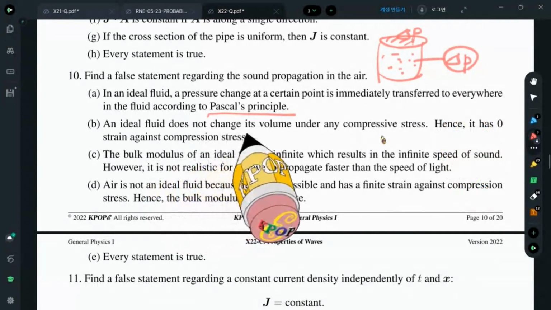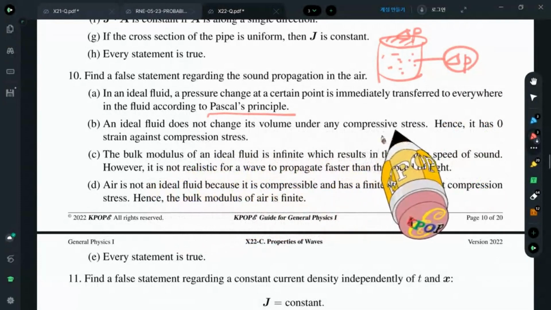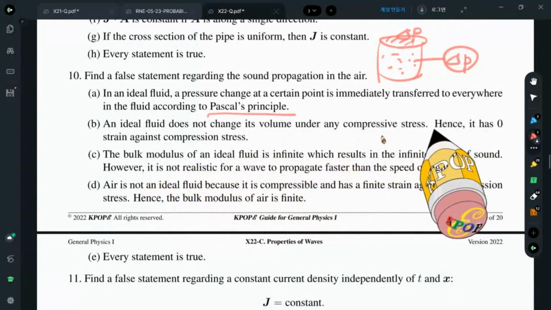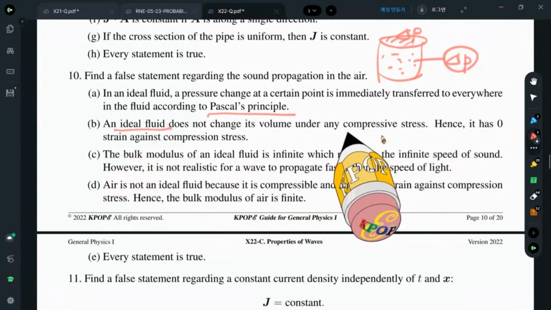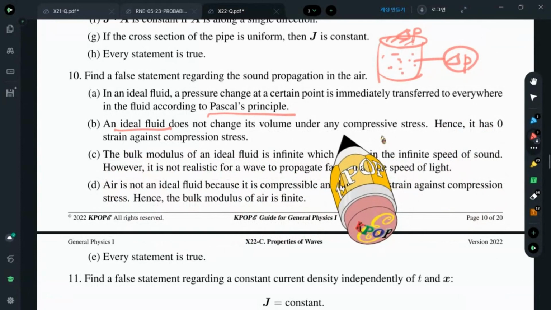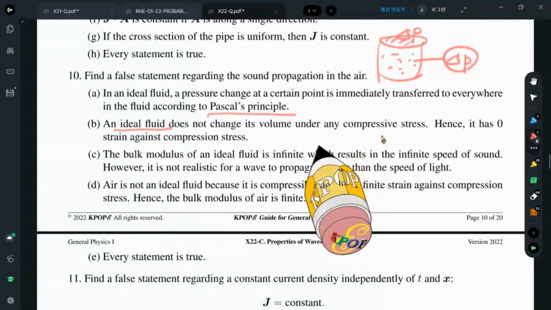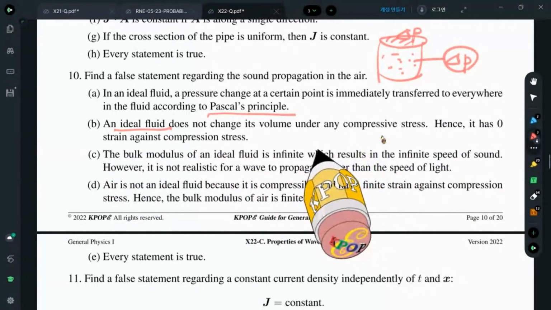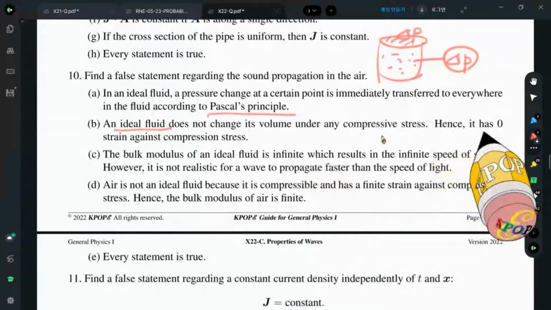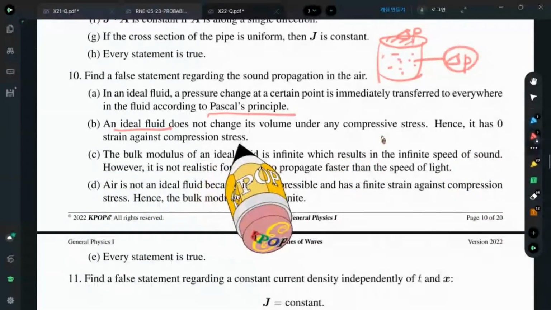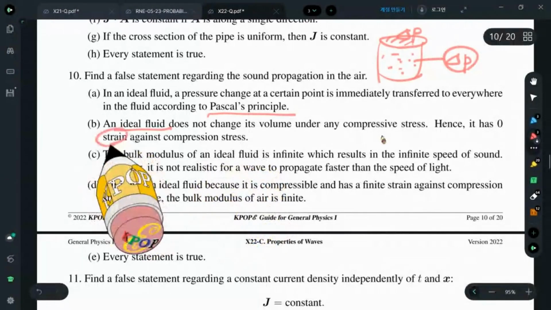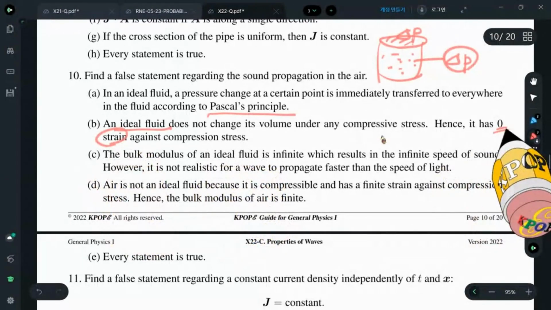An ideal fluid does not change its volume under any compressive stress. Yes, an ideal fluid is incompressible. However, air is compressible, so air is not an ideal fluid. Hence, it has a zero strain against compression stress. Strain is a change; there is no change.